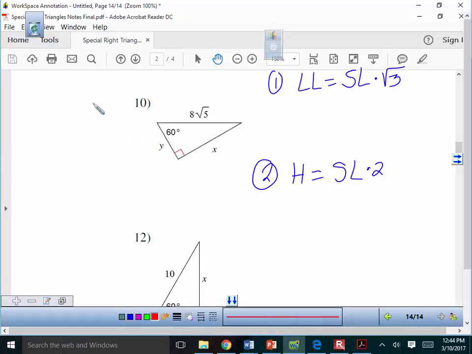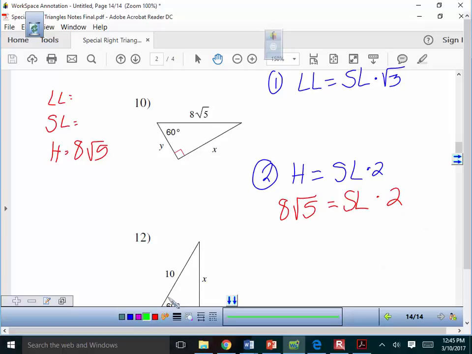All right, so on number 10, what is our long leg going to be? Okay, what about our hypotenuse? 8 square root of 5. Since that's the only one I know, I'm going to say 8 square root of 5 is equal to our short leg times 2, right? So to find our short leg, we just divide both sides by 2.